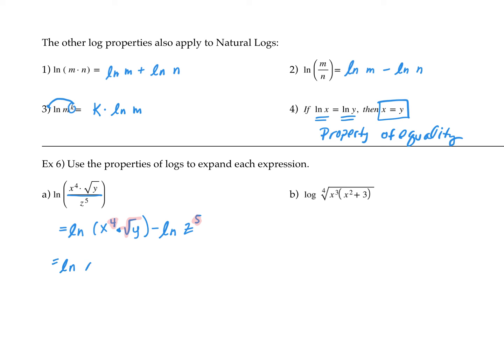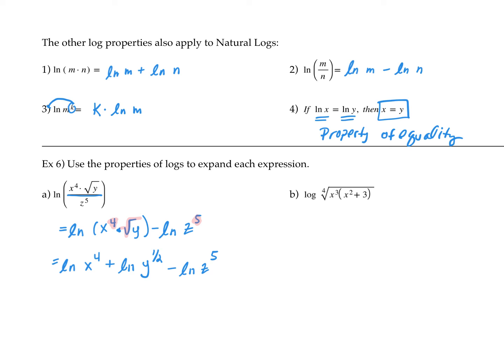So make it natural log of x to the 4th plus natural log, and I'm going to do a second thing. I'm going to rewrite that with a rational exponent. So I got rid of the square root and I wrote y to the 1/2 because raising something to the 1/2 power is the same thing as taking the square root of it. And then we would still be subtracting the natural log of z to the 5th.